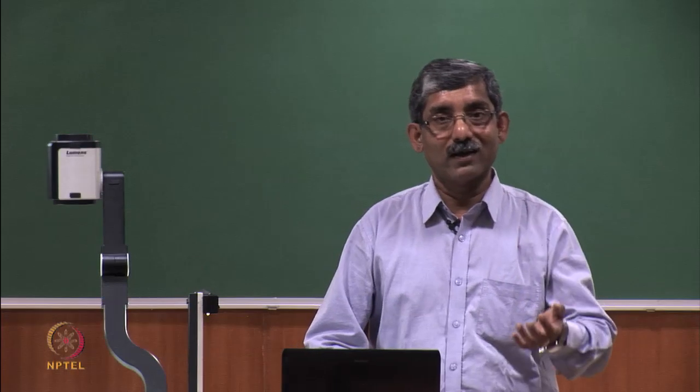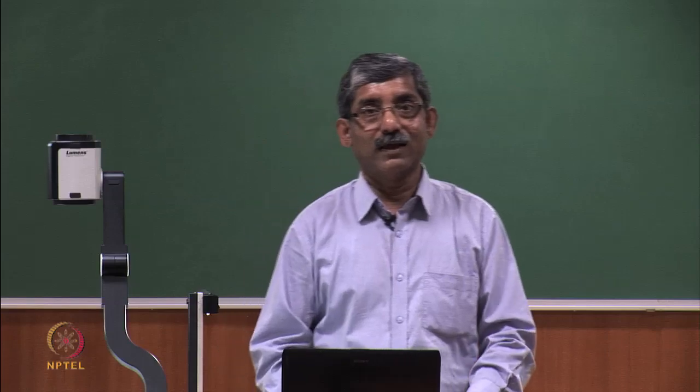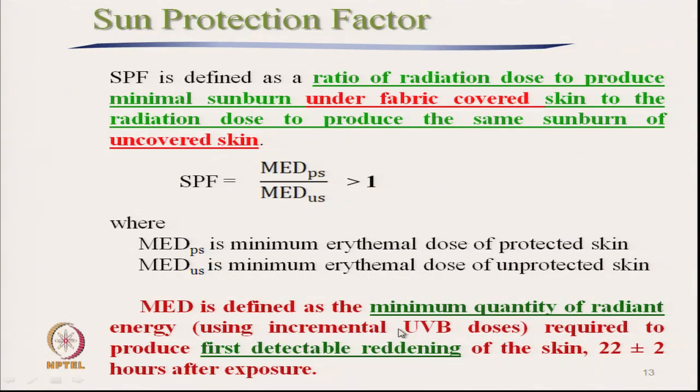we require humans as the object. So, MED is defined as the minimum quantity of radiant energy. It is actually the UVB dose, which is required to produce first detectable redness of the skin after 22 plus minus 2 hours of exposure.